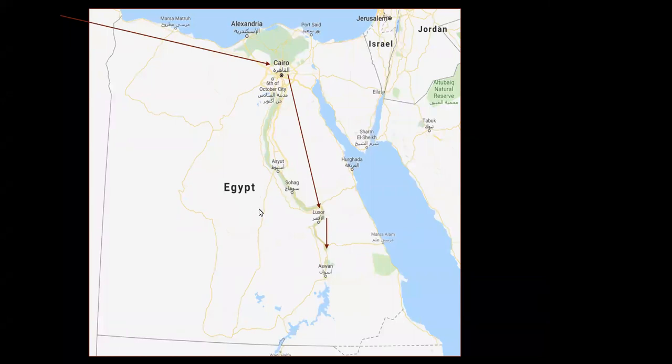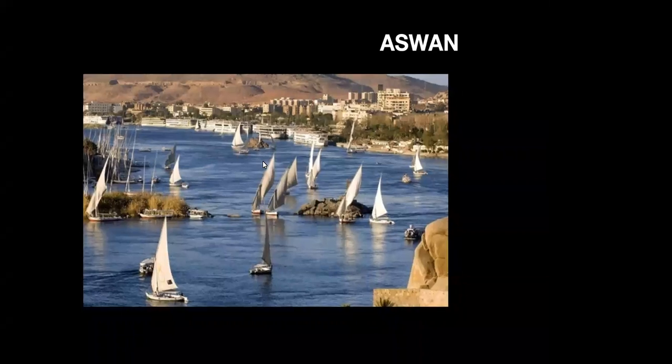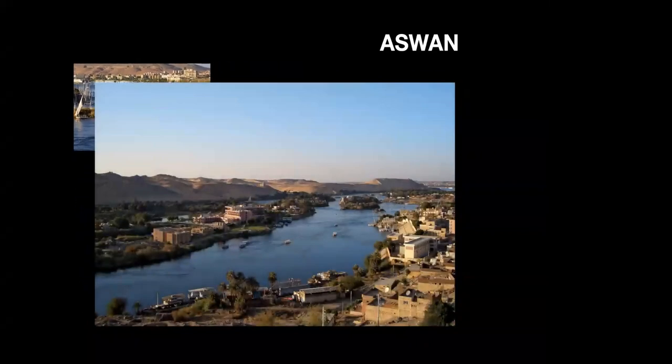So from this Edfu Komombo day and night, we sail further south to Aswan. This was another center, a small city today, of population of about 400,000 people. And we see all these feluccas, the traditional Egyptian boats, sailboats.